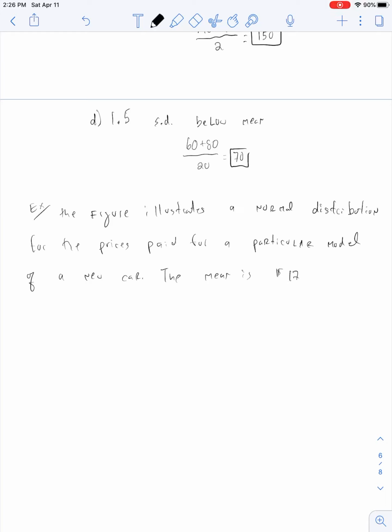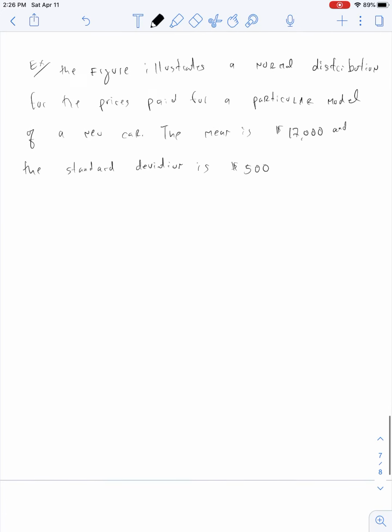The mean is 17,000, and the standard deviation is 500.